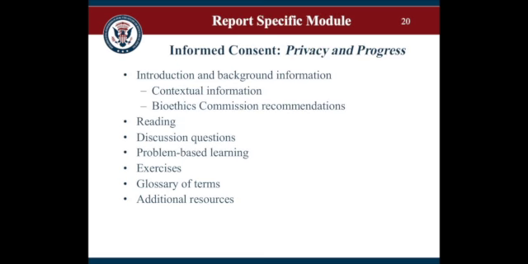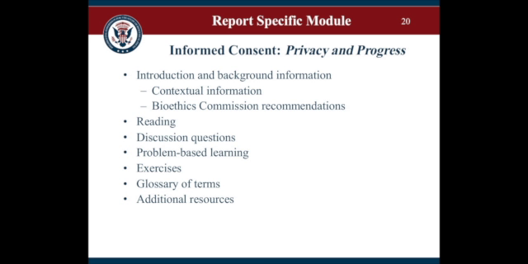Now, as an example of a report-specific module, let me briefly describe for you the content of our Informed Consent in Privacy in Progress and Whole Genome Sequencing module. The introduction and background sections of this module provide contextual information about the report itself and recommendations that the Bioethics Commission made in the Privacy in Progress report that are relevant to informed consent.